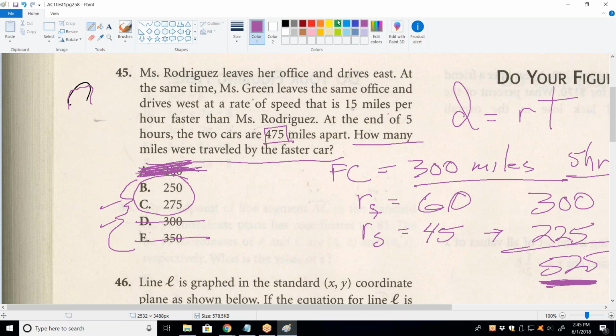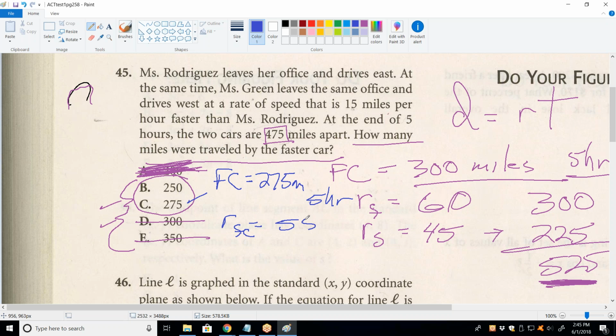Okay, so let's do everything. We're going to base it on C because we kind of think that's the correct answer. So the fast car goes 275 miles in 5 hours. What is its speed? The rate of the fast car. 55.